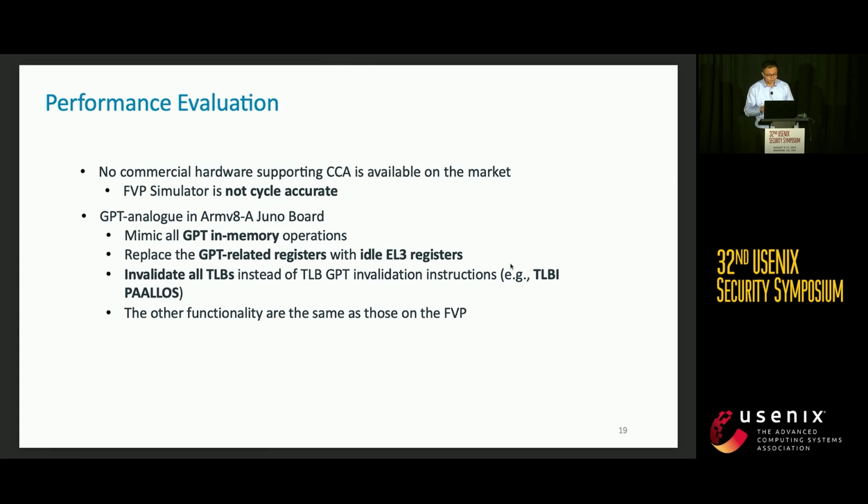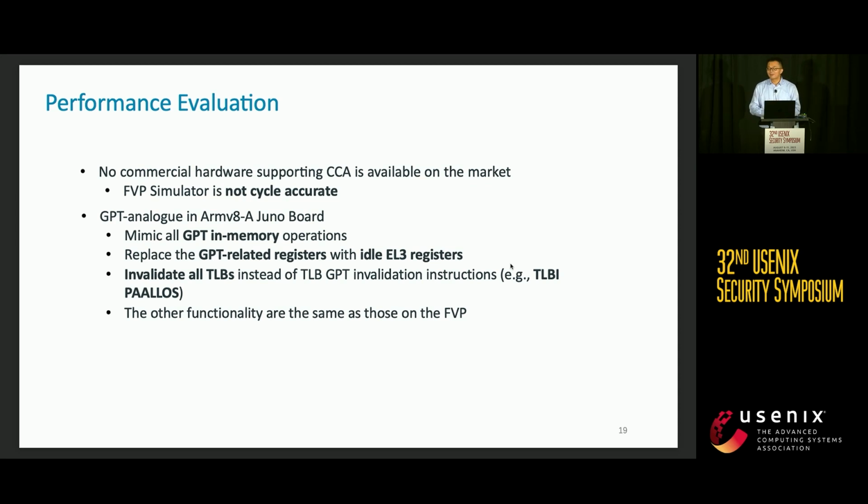And also to do the performance, you may ask that, hey, you implement on FVP, right? We know FVP is not cycle accurate. So we cannot really precisely measure the performance. How to do it, right? So here, what we do is we use an ARM Juno R2 V8 development board, okay? And then we try to mimic all the GPT operations, okay?